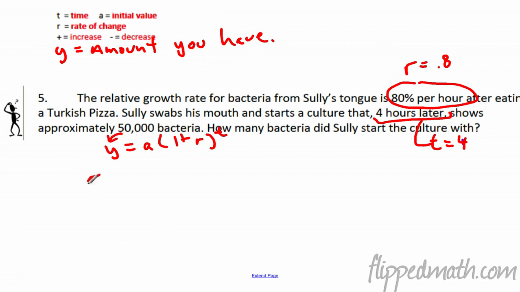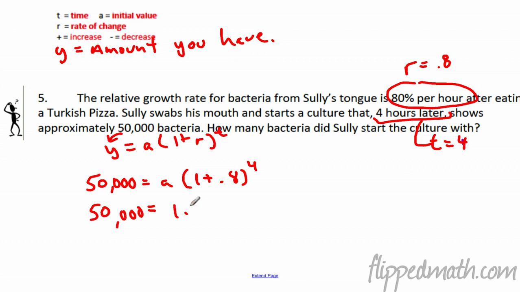So the amount 50,000 is going to equal some value of A. By the way, that's what they're asking us. How many bacteria did he start with? So we want to solve for A. So 50,000 equals A times 1 plus 0.8, and then how many hours? 4. So to solve this, you could do inside the parentheses first. So we're going to get 1.8 to the 4th power times A. You just divide each side by 1.8 to the 4th power.